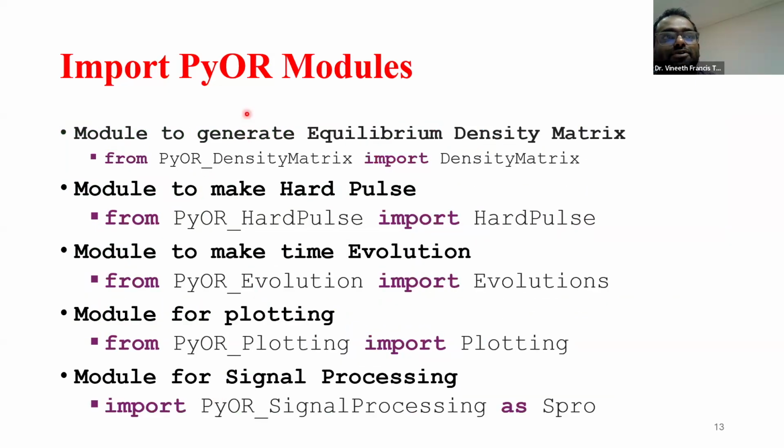Next, there are modules for generating the equilibrium density matrix, to make pulses, then to evolve, to plot, and to do signal processing. There are other modules which I did not mention, but these are the major modules which we'll use in this discussion.